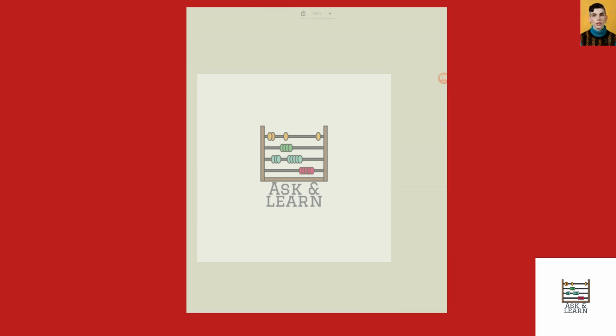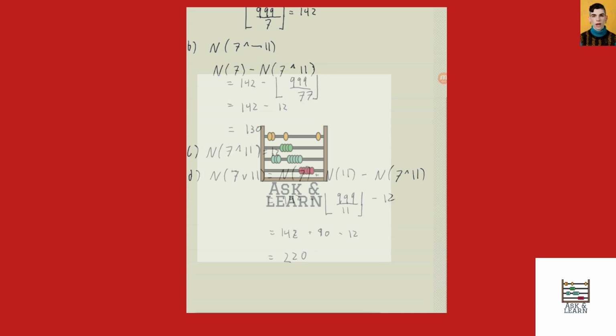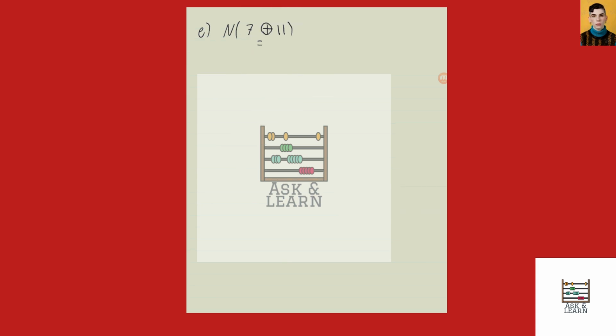For part E, we want to find the number divisible by 7 or 11, but it's an exclusive OR. Well, all we need to do is subtract off the numbers that were divisible by both 7 and 11 again. Keep in mind that those 12 numbers would show up in the list divisible by 7 and divisible by 11.